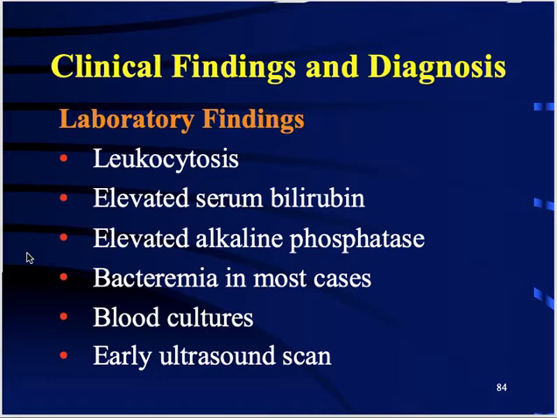You can get the LFTs. You may find hyperbilirubinemia, elevated alkaline phosphatase, and transaminases can be elevated. And of course, if there could be septicemia, you can take a blood culture.